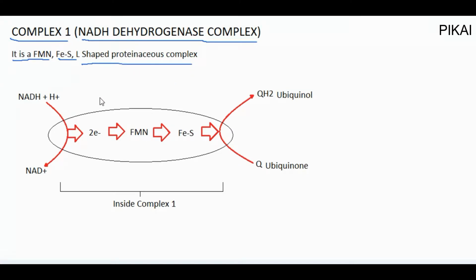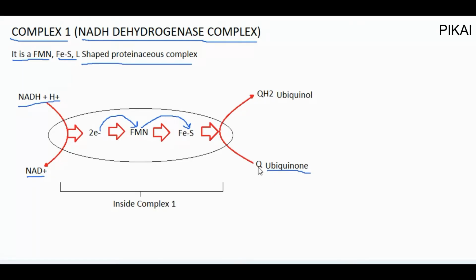So how does this transfer of electrons work inside complex 1? NADH gets oxidized to NAD plus. The electrons released are transferred to the flavin mononucleotide, and then the flavin mononucleotide gives these electrons to the iron sulfur complex, from where they are transferred to the ubiquinone.